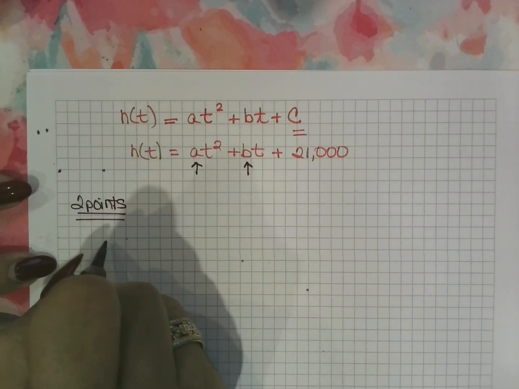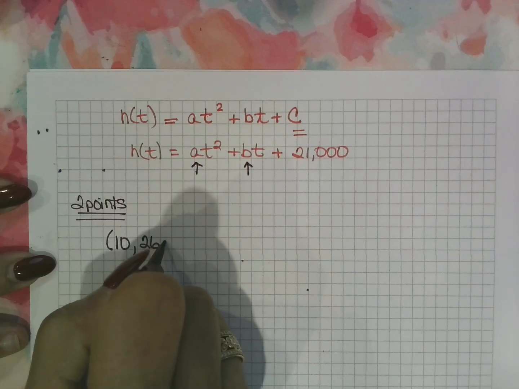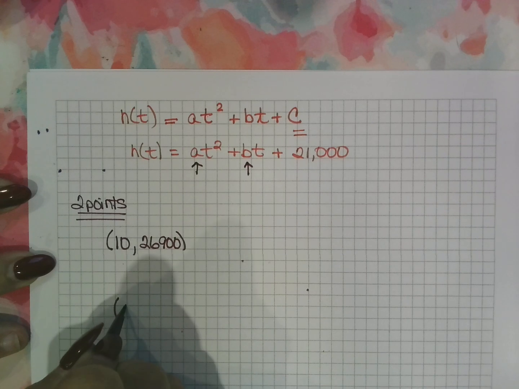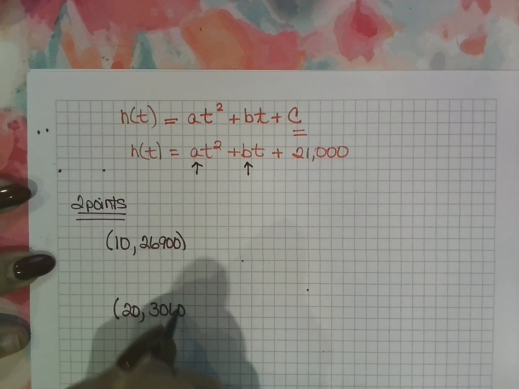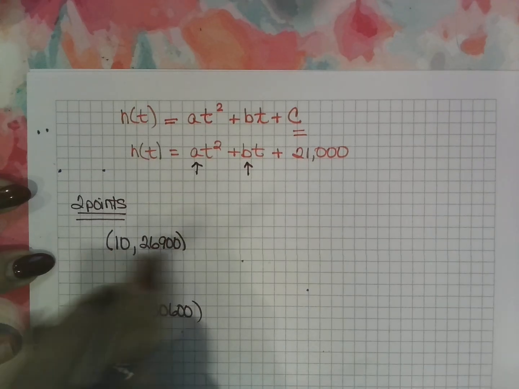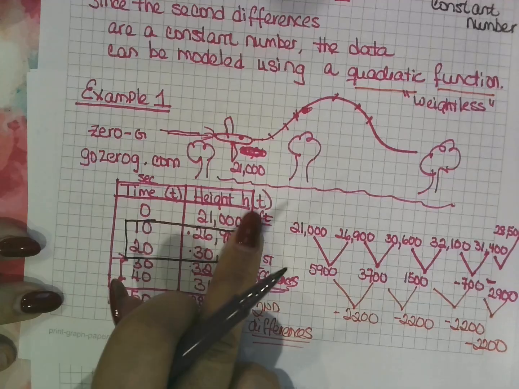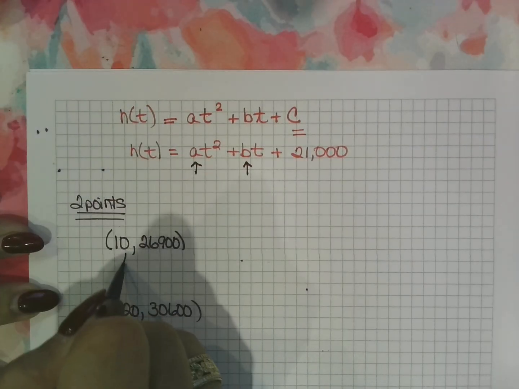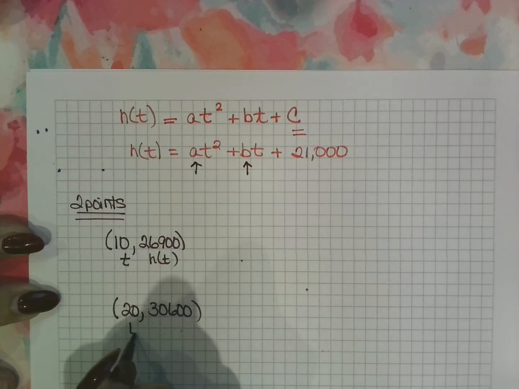So the 2 points are 10 comma 26,900 and 20 comma 30,600. Now remember what these points represent. They represent t and h of t. This is time and this is h of t, the height of the plane.